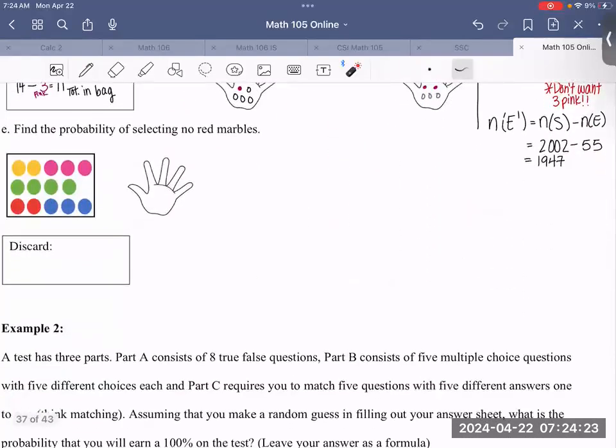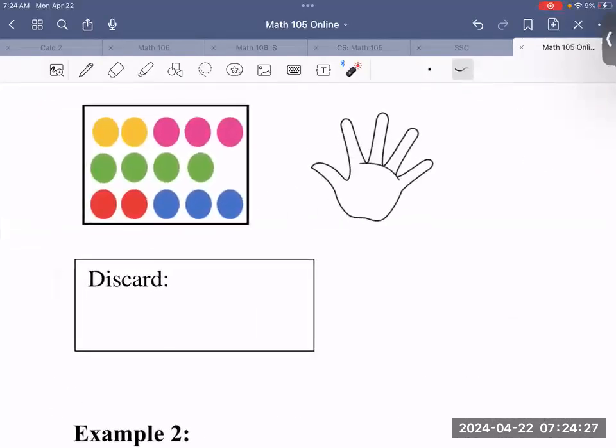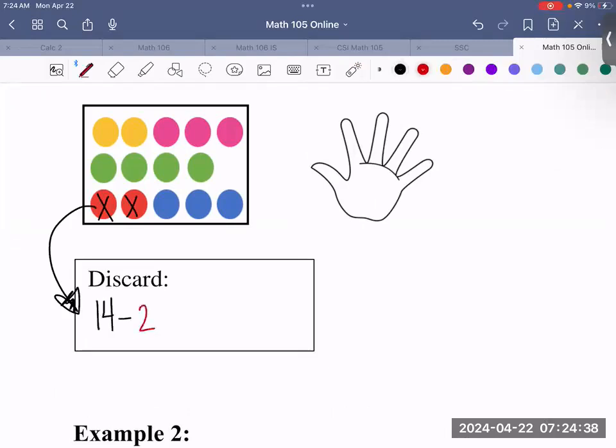All right. Find the probability of selecting no red marbles. So of those 2 red that you're seeing, they are going to be discarded. So of my 14, I'm going to subtract out my 2, of which there are 12 remaining.